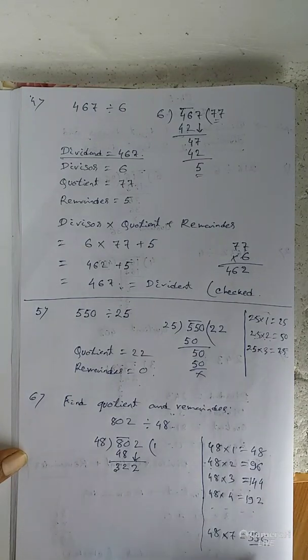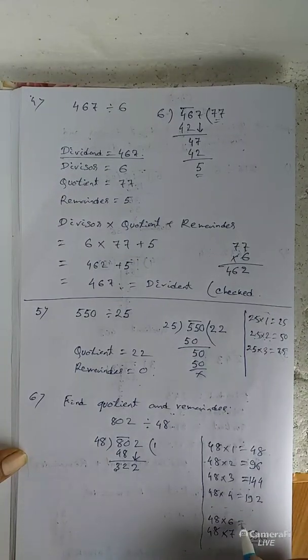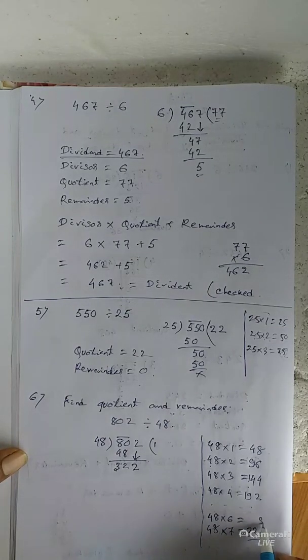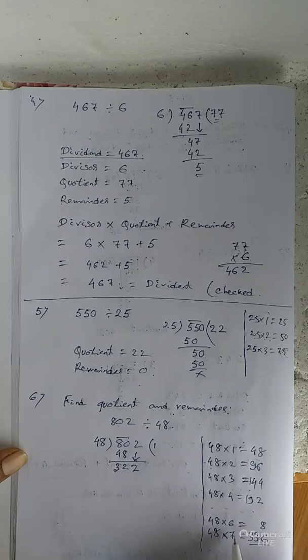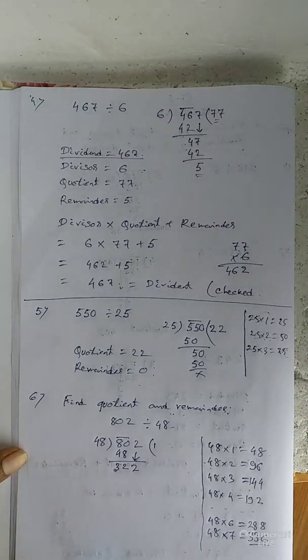See, 336 is greater than 322, so we should take 48 into 6 and see what the result is. 6 times 8 is 48, 4 carry, 6 times 4 is 24 plus 4 is 28, so 288.